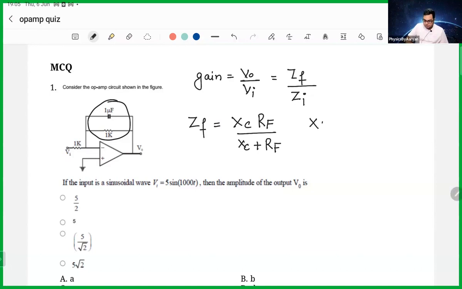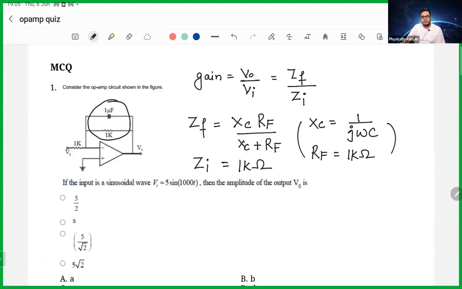XC you already know is given by 1 by j omega C, and RF you can clearly see is 1 kilo ohm. Similarly, input impedance is 1 kilo ohm, and that's it. If you use all of these values, and input voltage you already know is 5, you just use this formula and solve your problem.